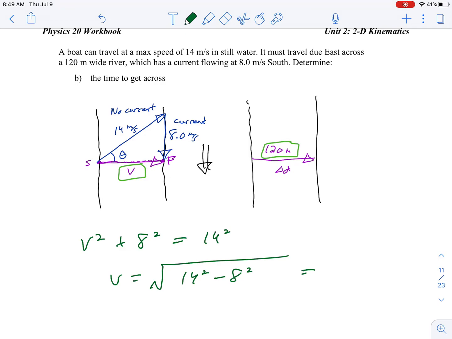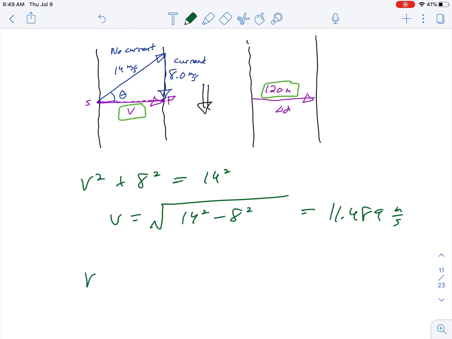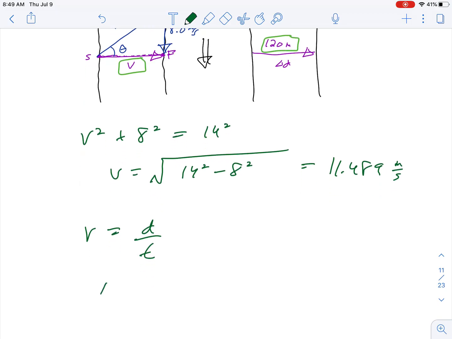It's about 11.489 meters per second. Notice that's slower than 14. It slowed down. Finally, v is equal to d over t. So t becomes equal to d over v. The distance is 120 divided by 11.489. And that's about 10 seconds to 2 sig digs.